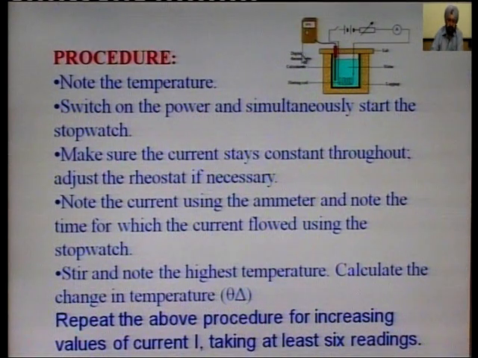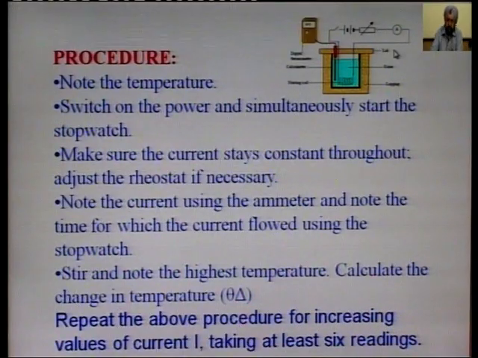How do you proceed? You note the initial temperature, switch on the power supply and start the stopwatch. Adjust this rheostat if required, so that the current does not change, it remains constant throughout.